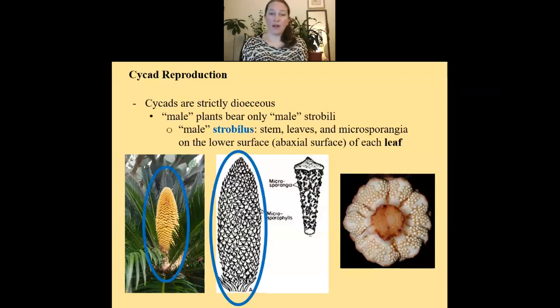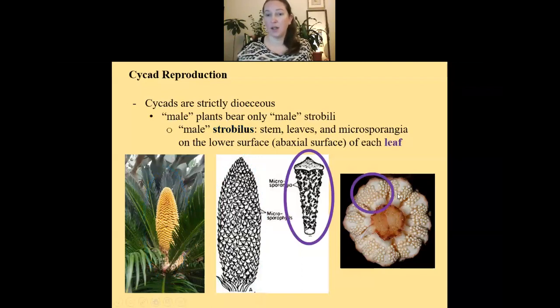Here on the left is an example of what the male strobilus might look like. Here's a diagram of a male strobilus. If you were to pull off a leaf of this male strobilus and look at it up close, the microsporophyll, the leaf of the male strobilus, it would have a bunch of microsporangia on the bottom of the leaf, and the microsporangia look like this, depending on species, but in general, they kind of look like this.